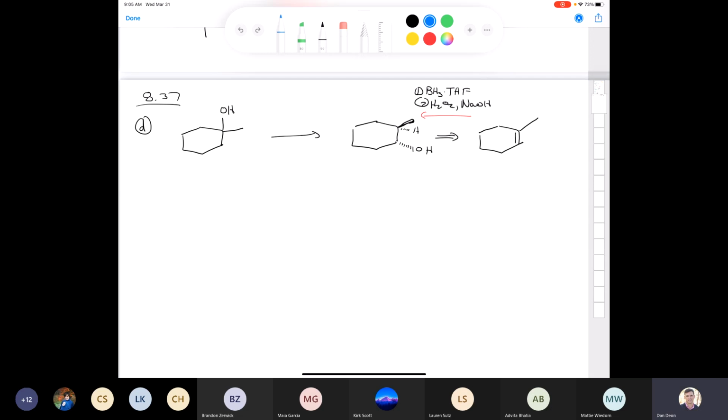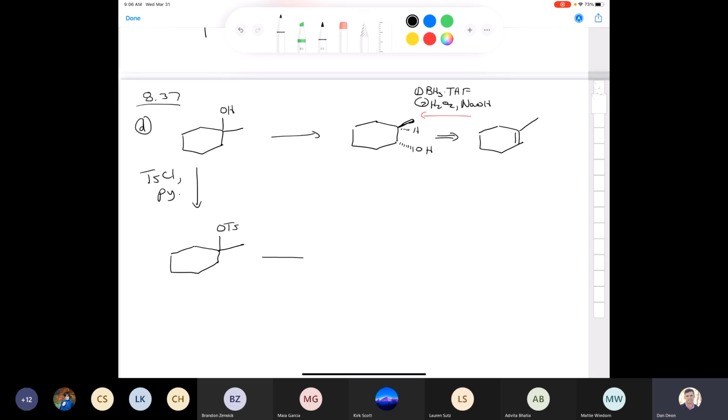So Josh, you're totally in the right vein. Using tosyl chloride to convert the hydroxyl into a good leaving group, absolutely, because we've got to do an elimination to make an alkene. Josh is saying tosyl chloride and pyridine, which would give me the tosylate, which is a great leaving group, OTs.